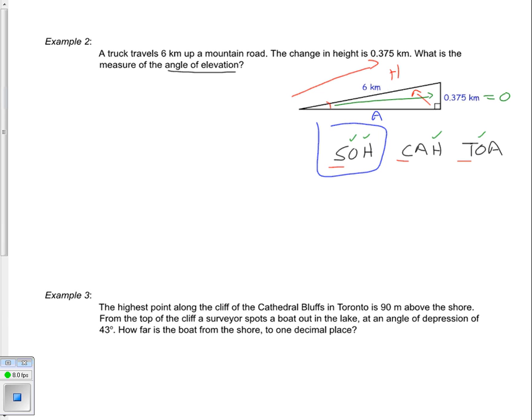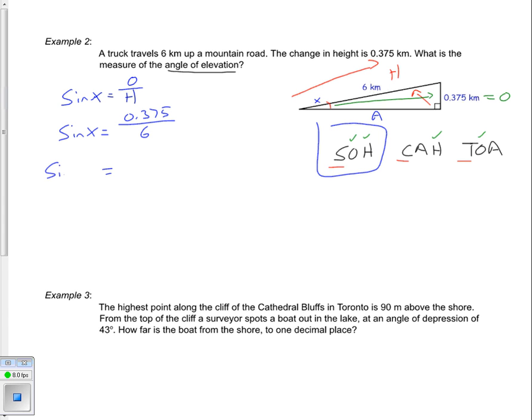So we're going to solve for the unknown angle, and we'll call the unknown angle x, because we don't know what that is. We know that sine of x is equal to the opposite divided by the hypotenuse. So I'm going to substitute in the values that I know. Sine of x is equal to my opposite, which is 0.375, divided by 6.